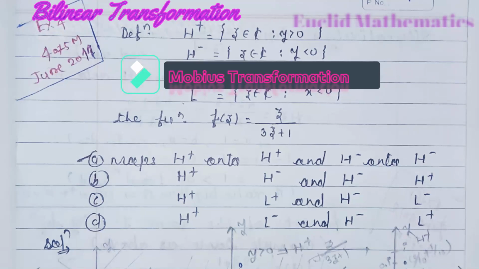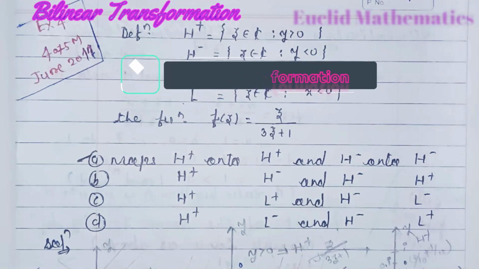In competitive exams, this type of question is generally asked, like in SET, NET and GATE exams, and other MPSC type of exams also. So in today's video, I will explain the Mobius transformation with one example from the CSIR-NET exam.